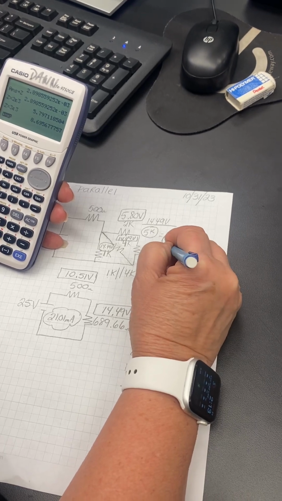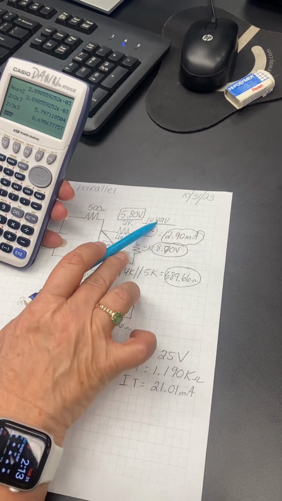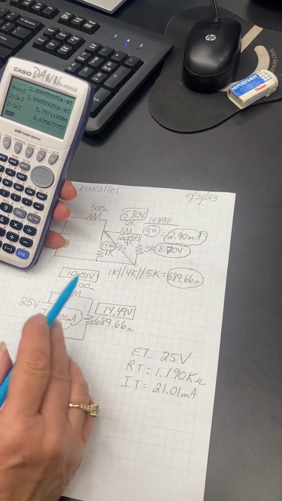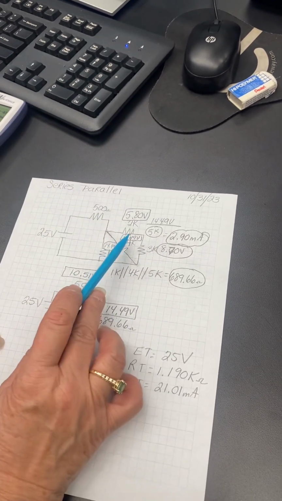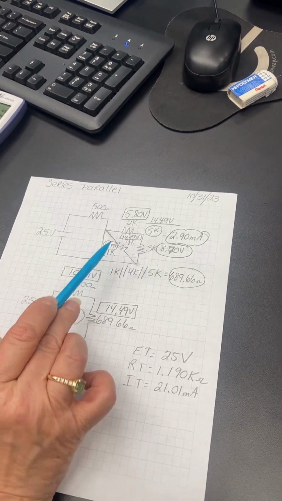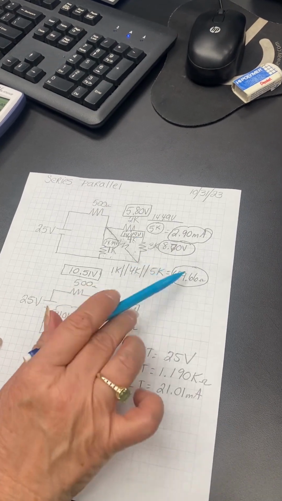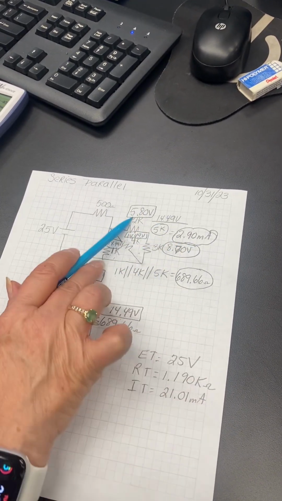These two must add up to the 14.49. To get the currents, we're just taking E divided by R to get I. And that's it. We have voltage drops, we have current for these two.